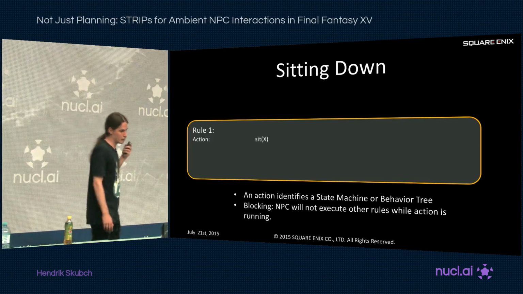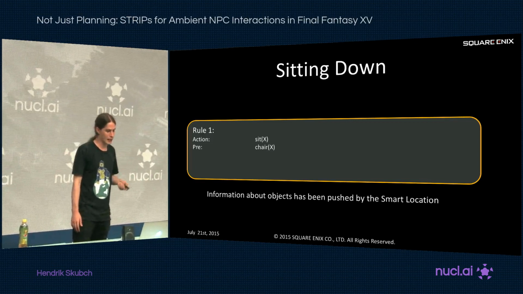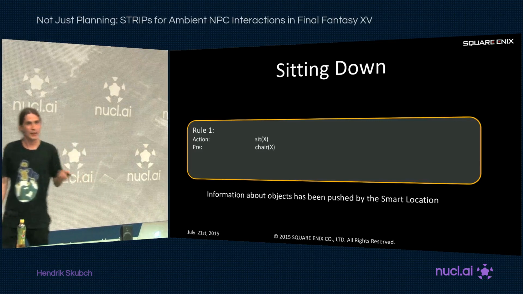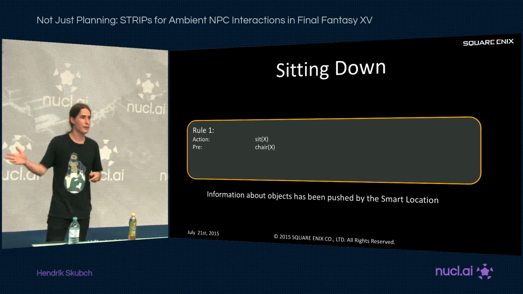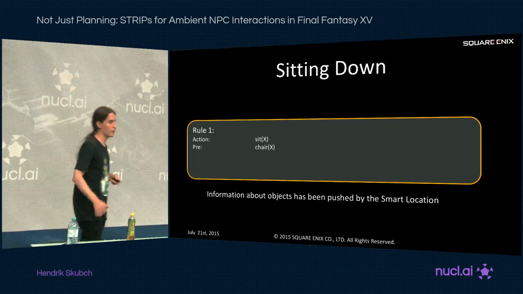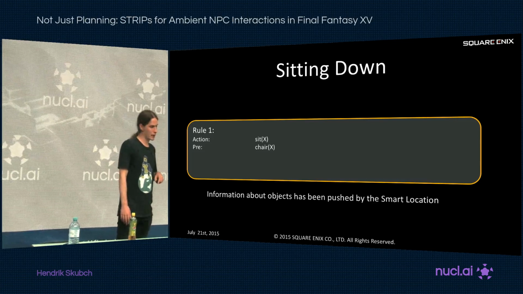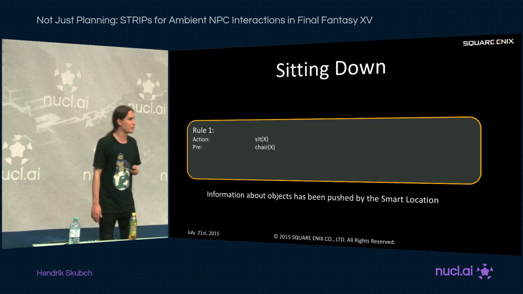Now, we need an object to sit on. And ideally, that's a chair. So we write that down in the precondition. And this information has been pushed by the SmartLocation that knows about the chairs into the tuple space. So it's there. And this would actually work, but it's not quite what we want. Our NPCs are a little bit more lazy.